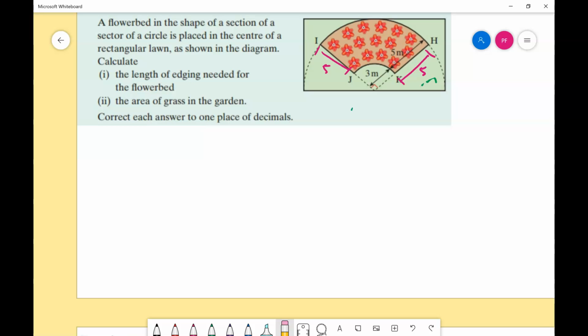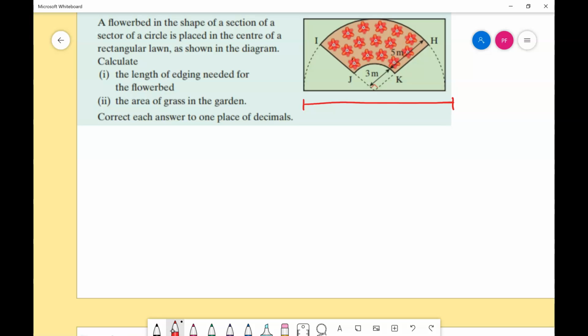Right, so area of grass in the garden. So we've got the entire garden is the entire rectangle. So let's find the area of the entire rectangle, and then we can cut out the area of this section here, which will leave us with the grass. So we would need our length here.